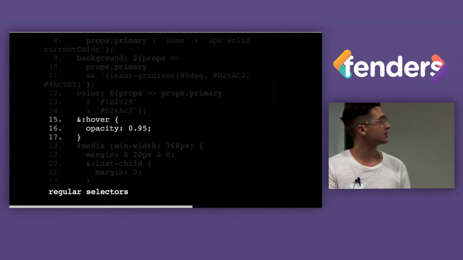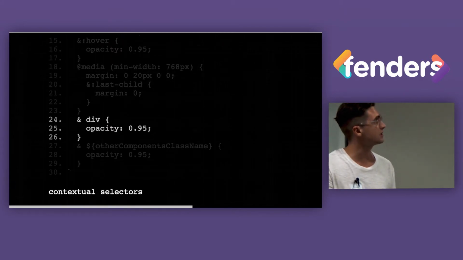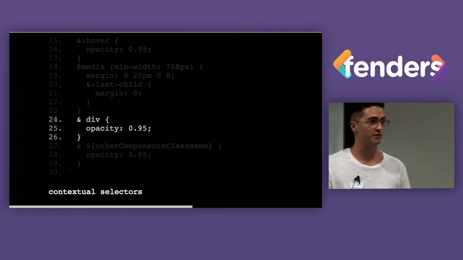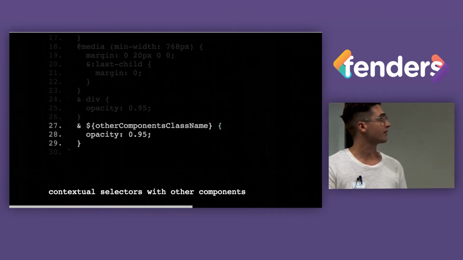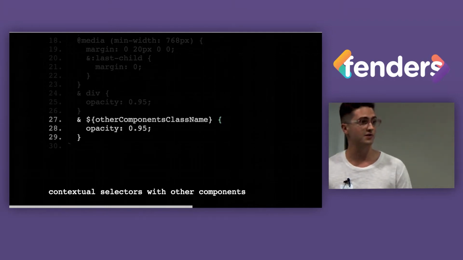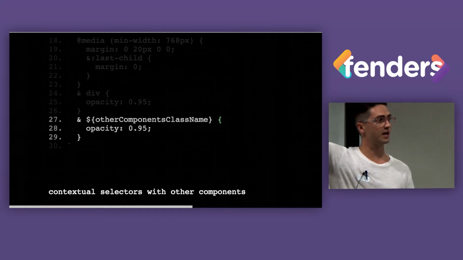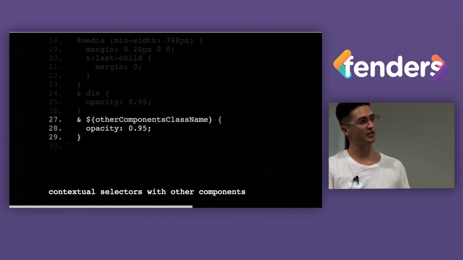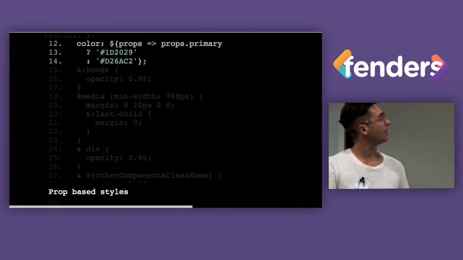You can have regular selectors, you can have contextual selectors where the ampersand's just being replaced with a reference to that component. You can have contextual selectors with other components. It's just a template string, so you can export that class name from that component file, import it here and throw it into your CSS. And this way as well, if it changes in the other file, you've got a bit more safety around the fact that that's going to keep updated.